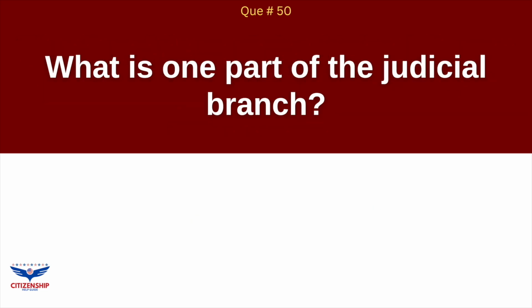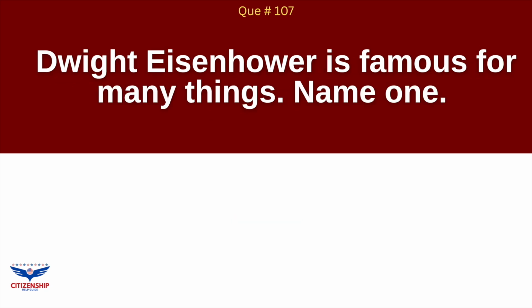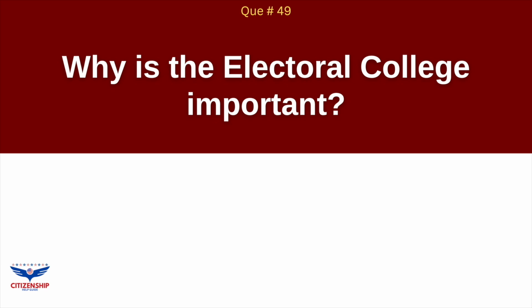What is one part of the judicial branch? Supreme Court. Dwight Eisenhower is famous for many things. Name one. 34th President of the United States. Why is the Electoral College important?